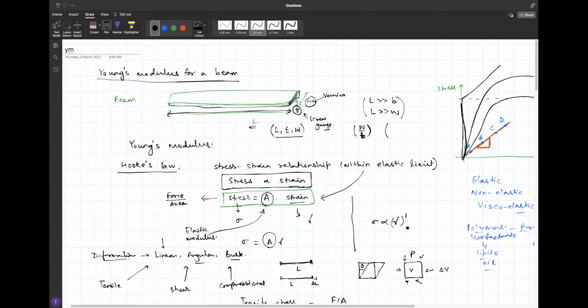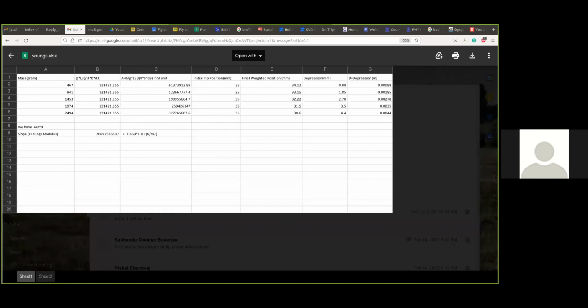I think I did share it. Should I stop sharing? Yes, if you can. So these are the tables: this is the mass and this is the depression.